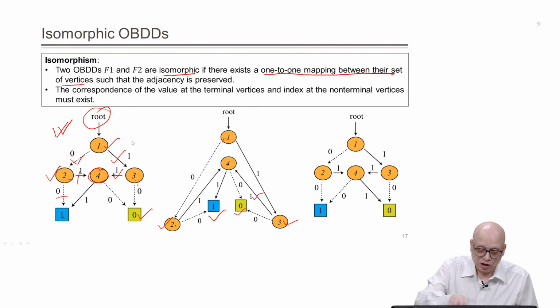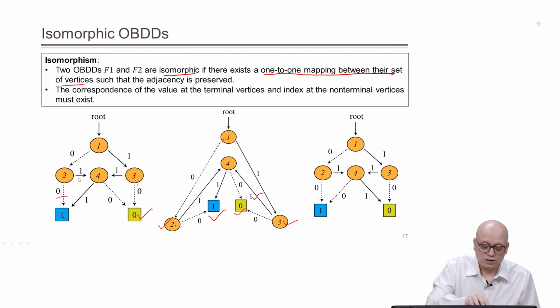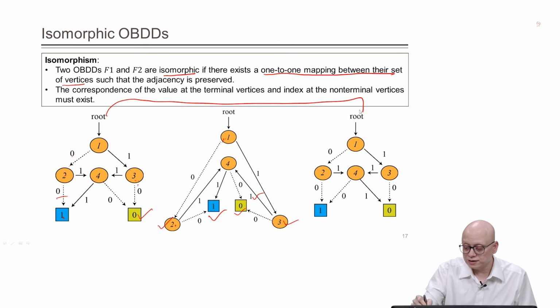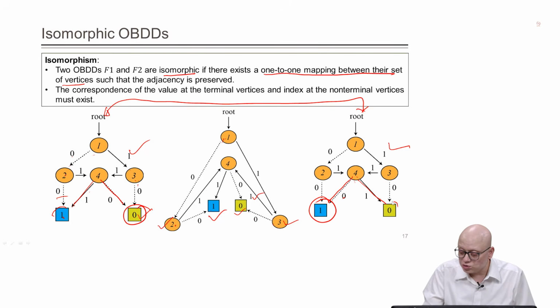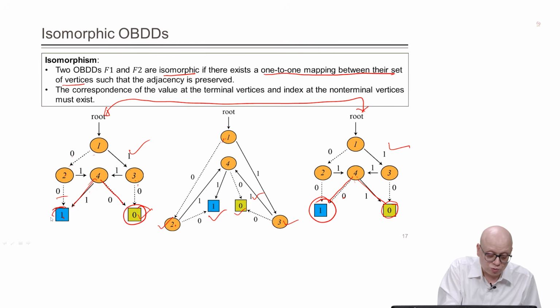Now, let us take another OBDD. Let us see whether this OBDD and this OBDD are isomorphic or not. From the shape it looks like these two are isomorphic, but here the 0 edge of 4 goes to 1, whereas in this case the 0 edge goes to 0, and the 1 edge goes to 0 in this case, and the 1 edge goes to 1 here.